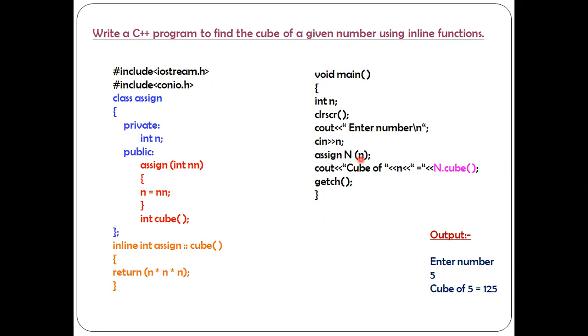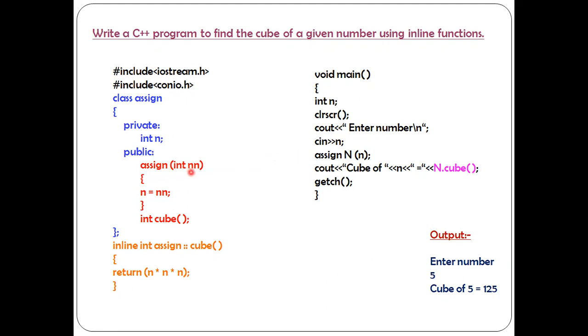Do remember, once the object is created, it directly hits the parameterized constructor. Once you create an object, it directly comes to the constructor member function, assign open parenthesis int nn.